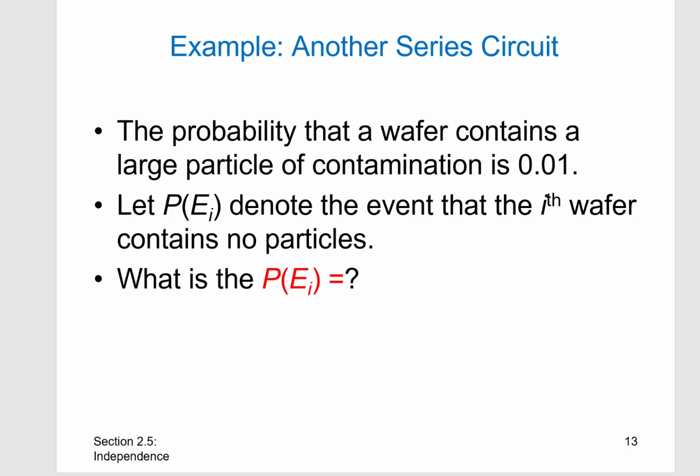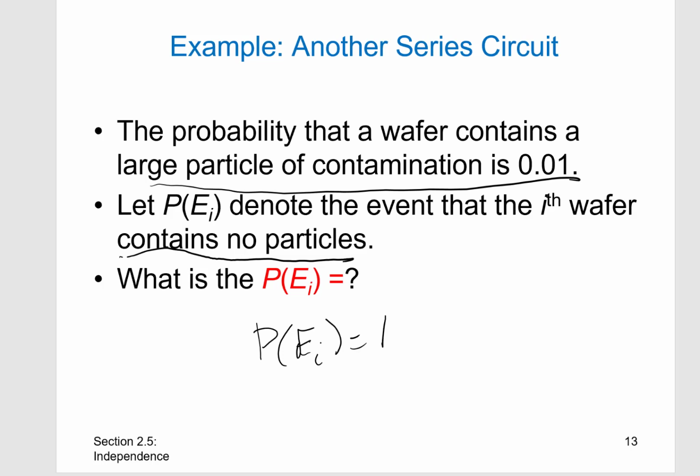So the probability that any wafer would have contamination would be 0.01, due to independence. Then the probability that Ei doesn't have any particles equals 1 minus the probability that Ei' contains particles. We'll call that prime. So that's 1 minus 0.01, or 0.99.